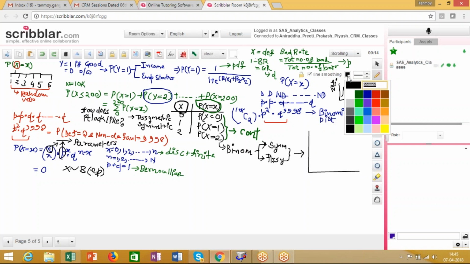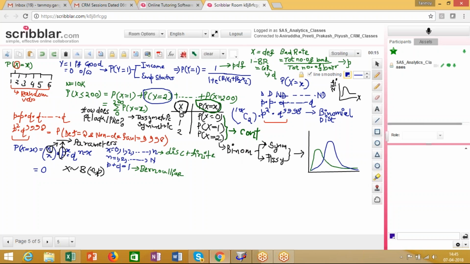If your distribution is an asymmetric distribution, then you will get a graph like this, where there would be undue concentration at either end. Whereas if you have a symmetric distribution, your graph will be more or less similar on both sides, depending on the probability concentrations.